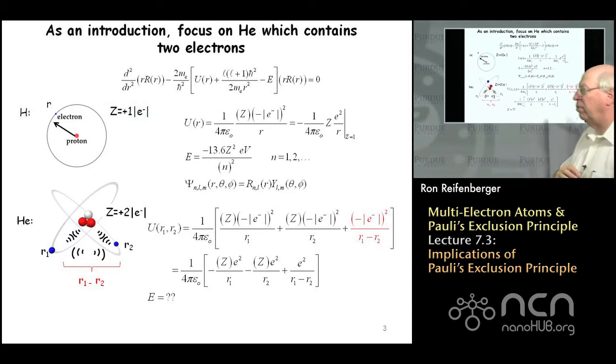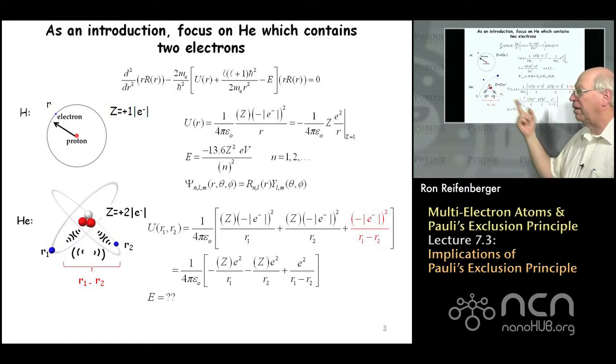Except in this discussion, I'm going to keep track of the charge on the nucleus, so I'm going to use the symbol capital Z. For the hydrogen atom, Z is equal to +1 times the electronic charge, a positive number. Helium has 2 electrons and 2 protons, so Z is equal to +2.